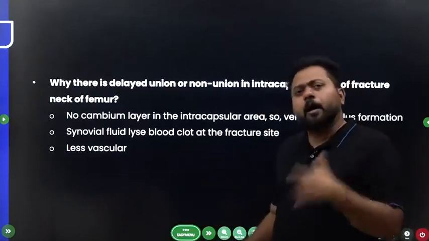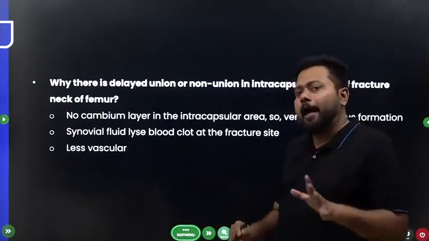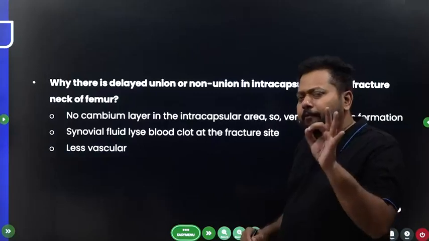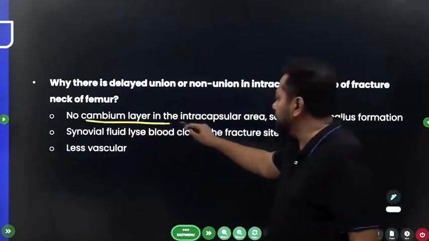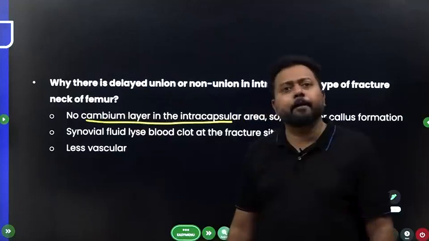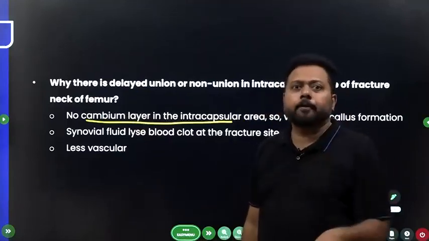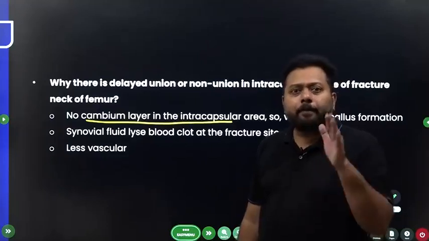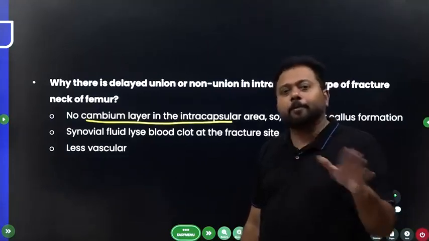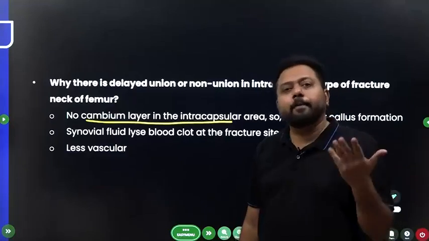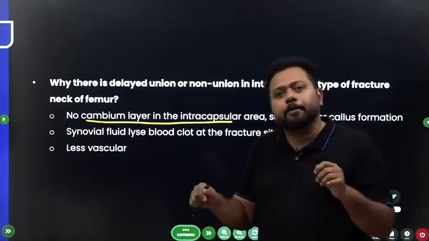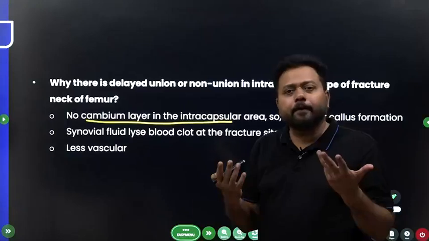Number two, normally all of us in the neck area have a very deficient cambium layer of the periosteum. There is a layer called the cambium layer in the periosteum. Only that cambium layer is important for bone formation. When a fracture happens and the periosteum and cambium layer are sound, that part can go for union. If the cambium layer is stripped, the fracture can never heal.